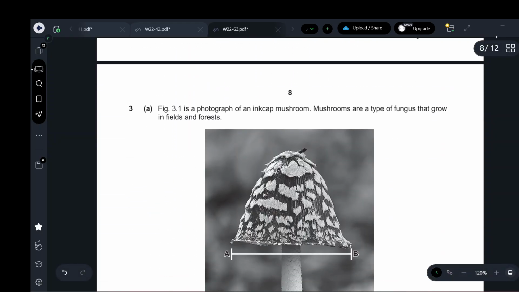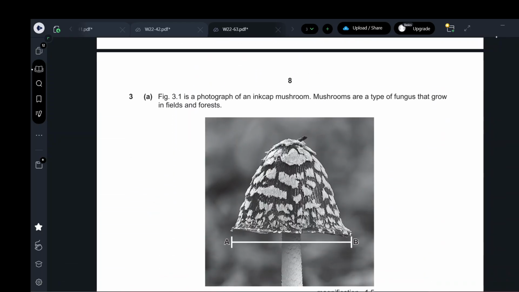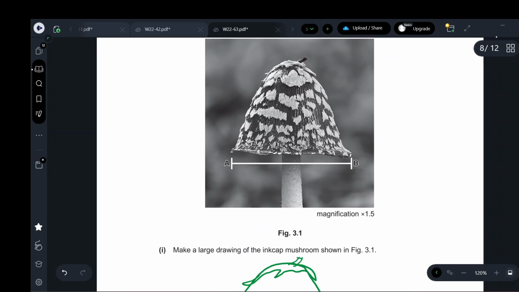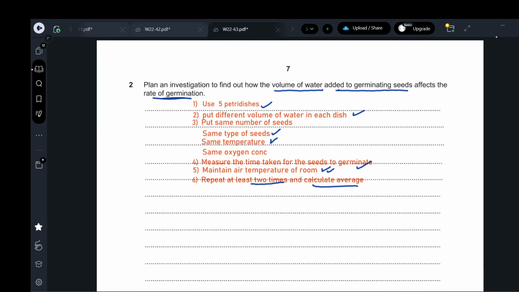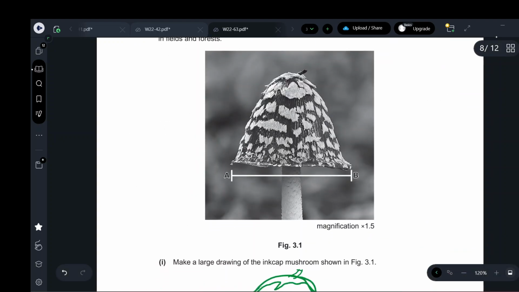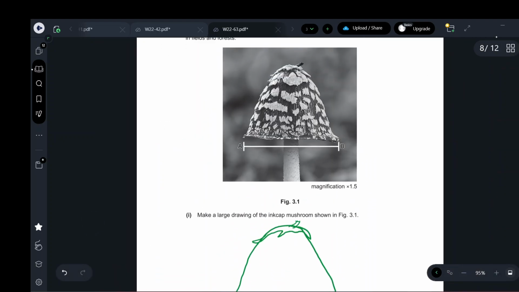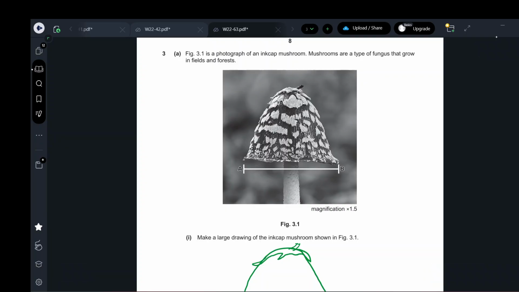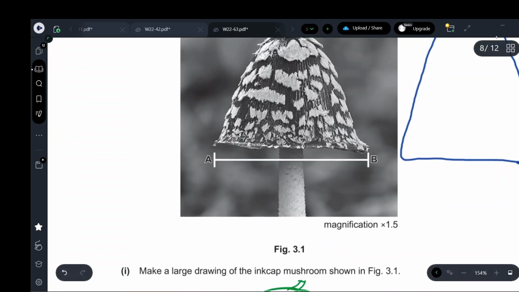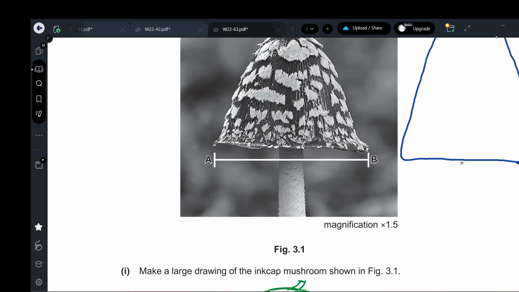The last question, question 3. Photograph of an inkcap mushroom. He wants you to draw it. Drawing the cap, mushroom cap, okay? This is my drawing, this triangular structure. The stem is not smooth. The stem is not smooth.